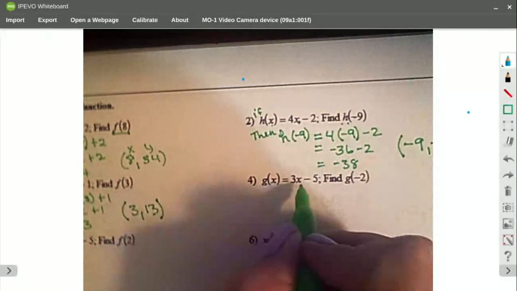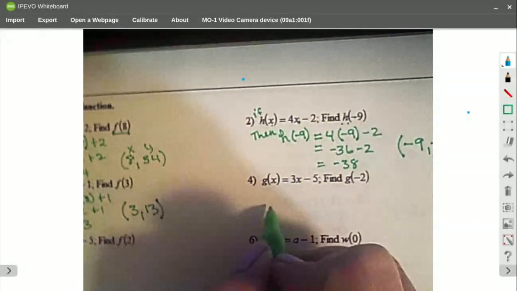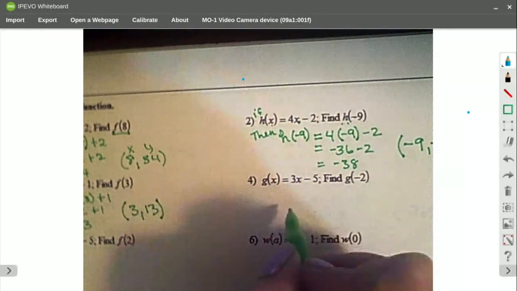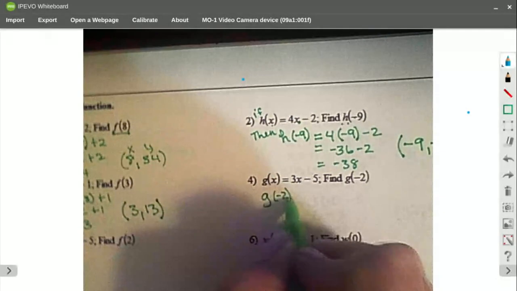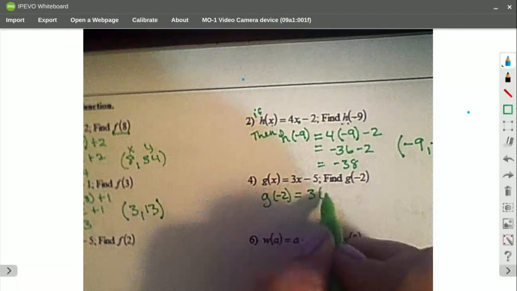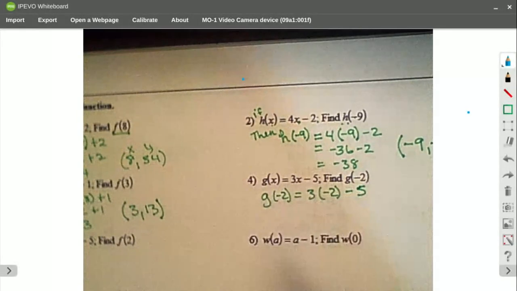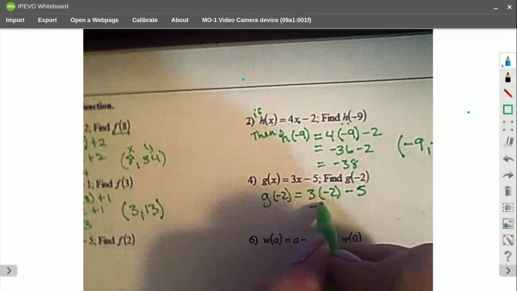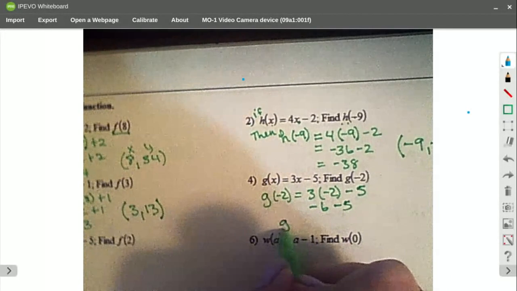So if g of x is equal to 3x minus 5, what is g of -2? G of -2 is going to equal 3 times -2 minus 5. Negative 6 minus 5.